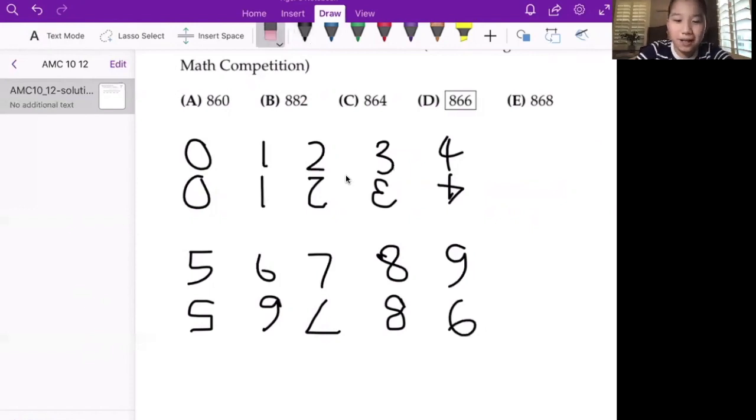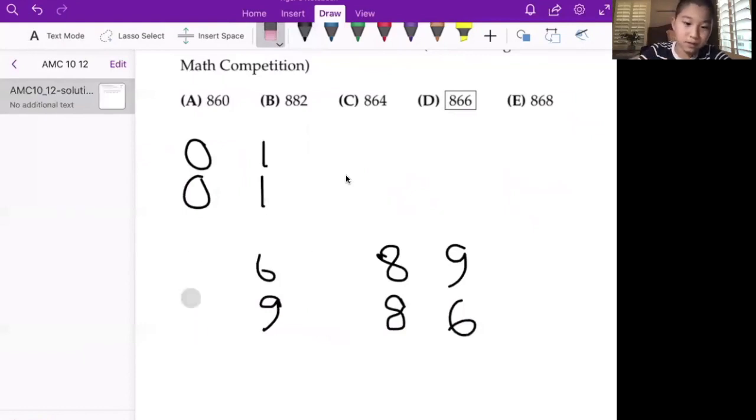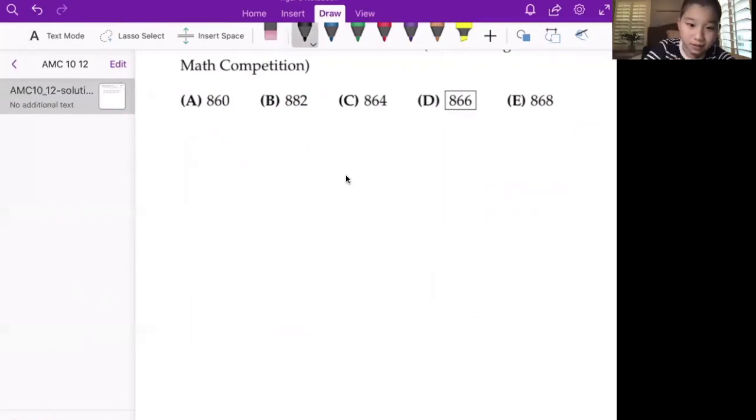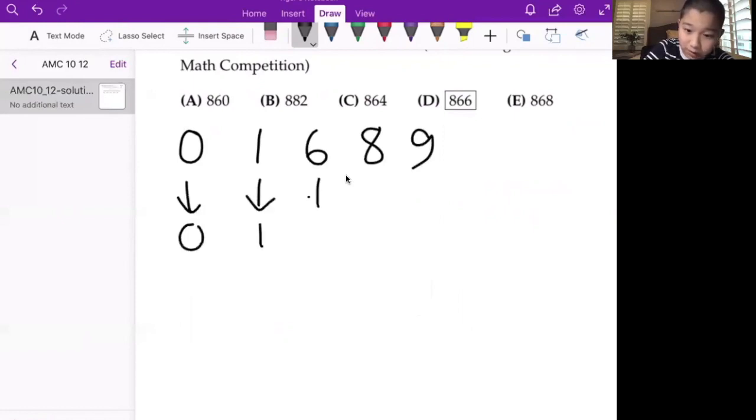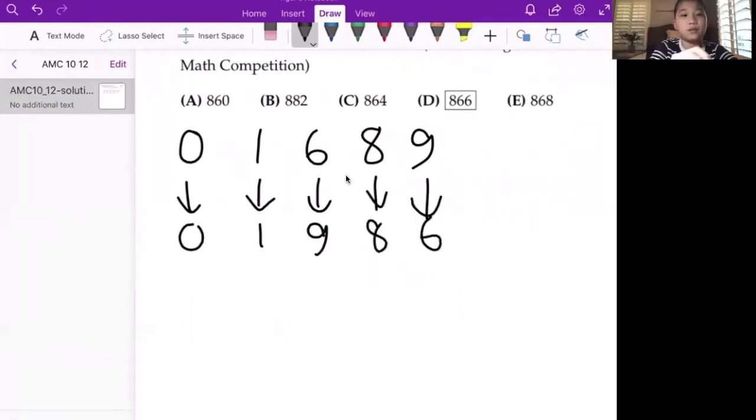So we have to find all the numbers that have an actual flipped version. So I just erased all of them that don't. We're left with 0, 1, 6, 8, 9. Let's organize this a bit. 0 becomes 0, 1 becomes 1, 6 becomes 9, 8 becomes 8, 9 becomes 6.